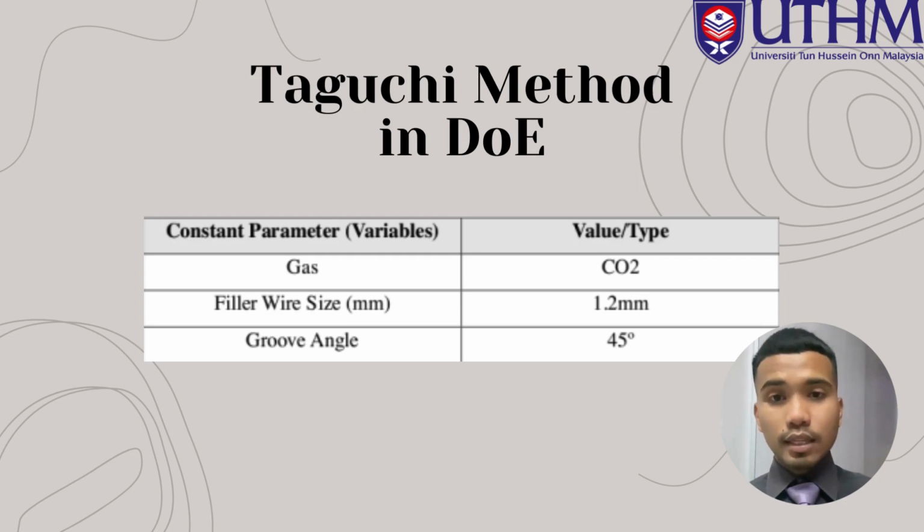For the Taguchi method in design of experiment, DOE, the constant parameters for my study are gas, filler wire size, and also the groove angle. For gas, I'm going to use carbon dioxide gas, the filler wire size is 1.2 mm, and the groove angle is 45 degrees.